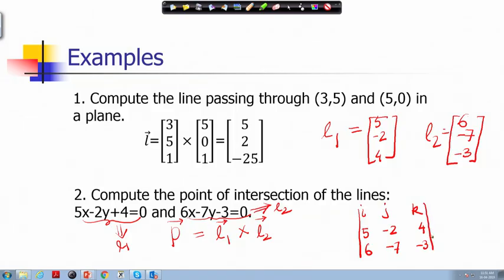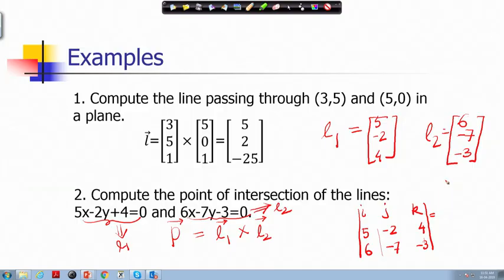And then if I expand it, what would be the expansion? Let me rub some areas. Okay. So, if I expand it in this way, this sub-determinant, that means this and this, is plus 6 and then plus 28.